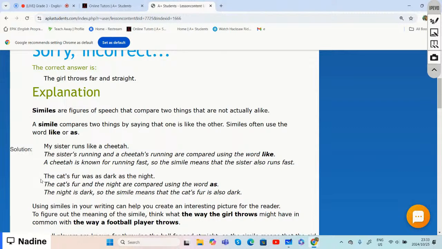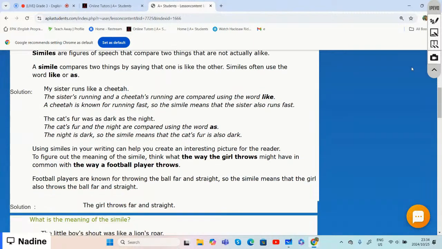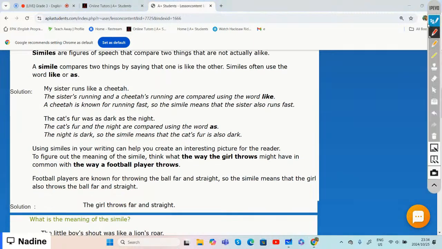An example is my sister runs like a cheetah. Being compared to running like a cheetah means that my sister runs very fast.